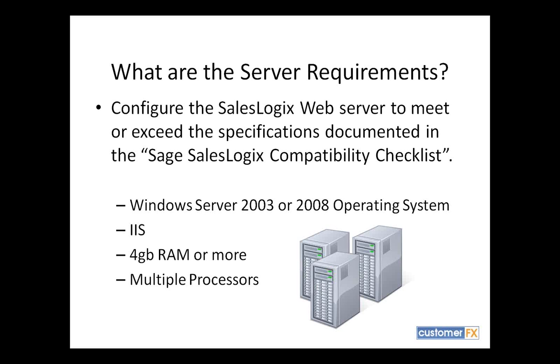For the most part, the more RAM you can devote to the SalesLogix website, the faster it's going to run. And again, as cheap as RAM is, it's an easy decision to beef up the box. And also they recommend, obviously, multiple processors. And again, the faster the processors to a point, the better the performance and user experience is going to be for the web users.